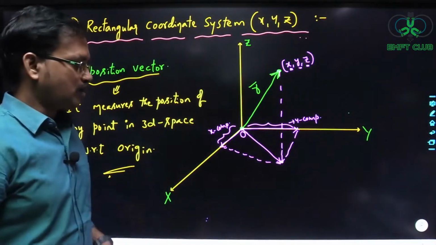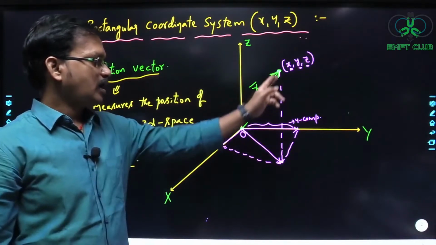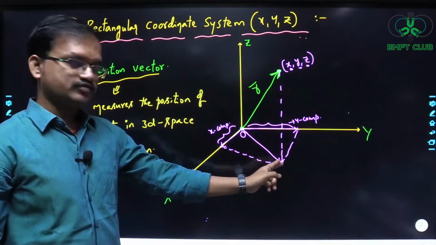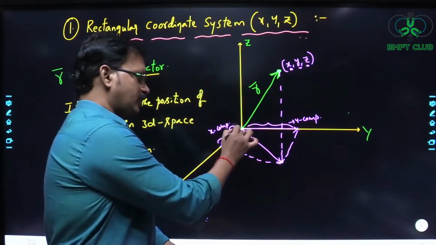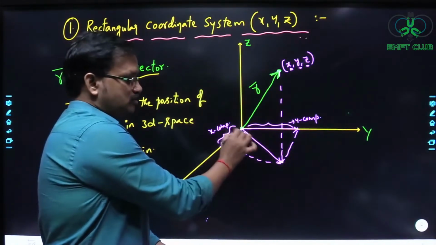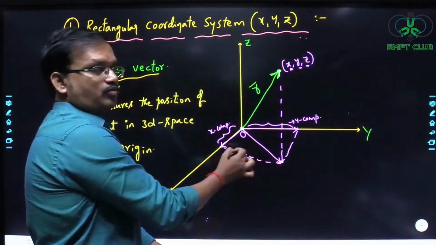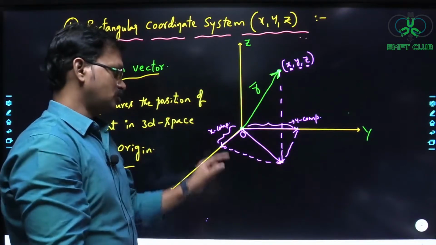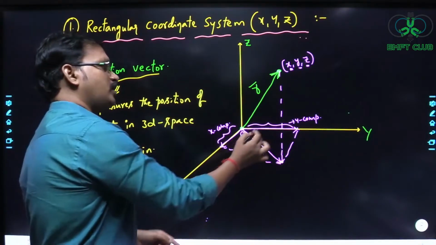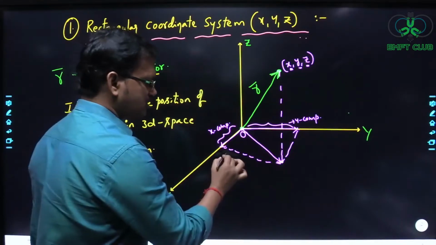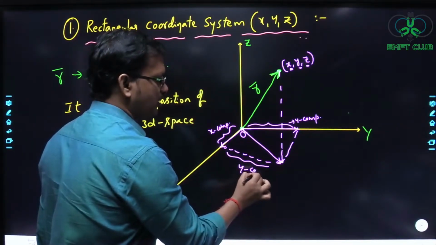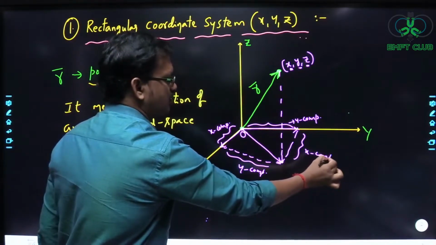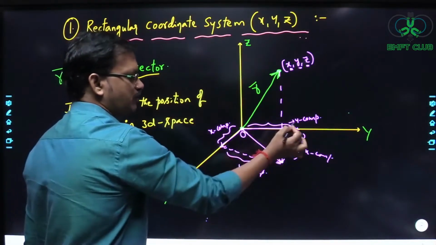So what I have done here is drop a normal from the head of r bar onto the xy plane, and then draw a vector from the origin to this point, which can be resolved into two components, one along x and another along y. Understood? These two are parallel, right?